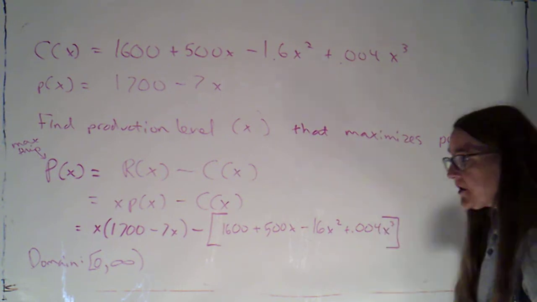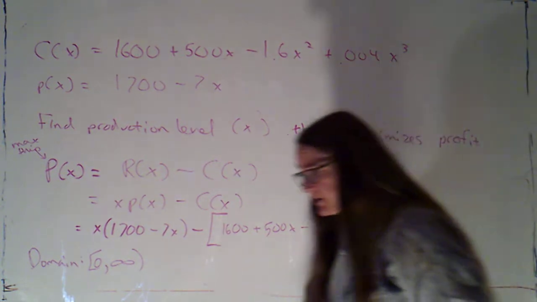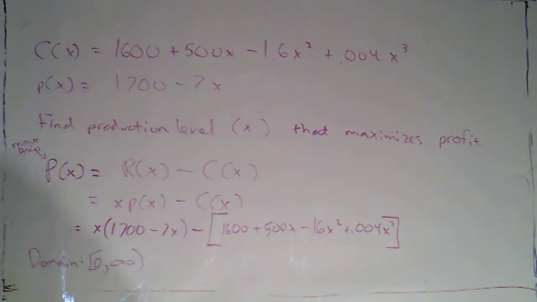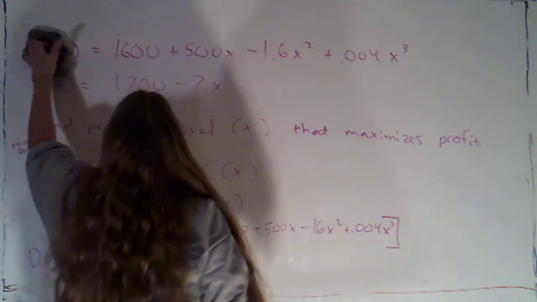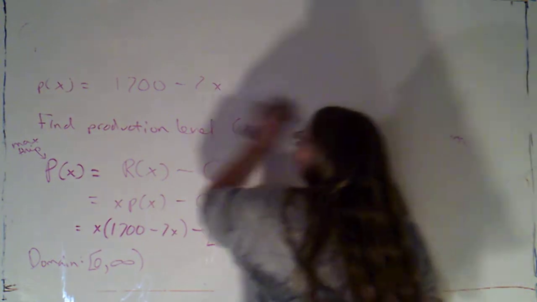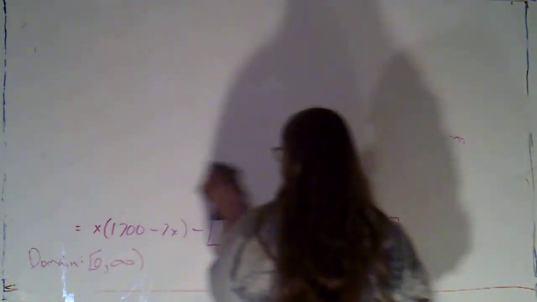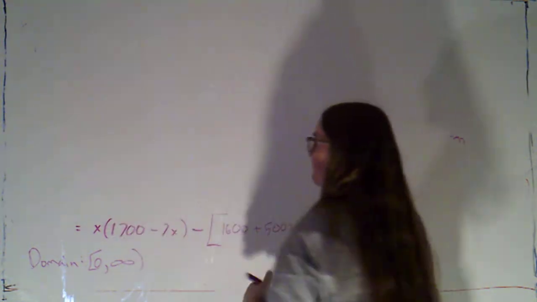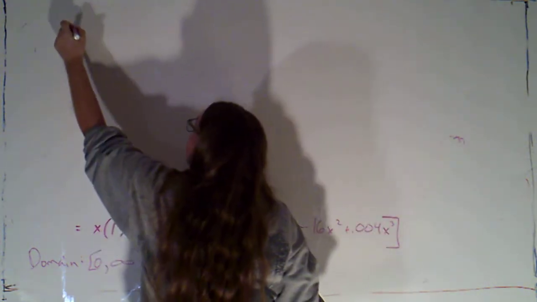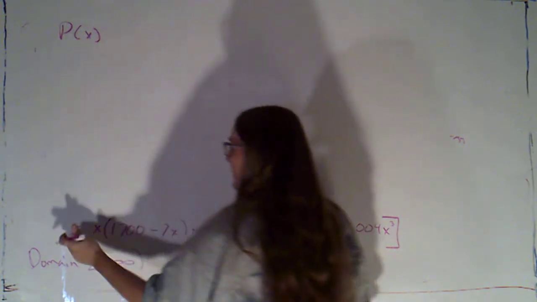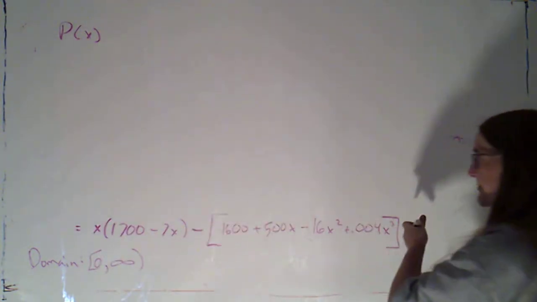Okay, so let's see. I think I want to multiply this out. I want to work that out and take the derivative. So I'm going to have p of x. I'm going to distribute the x, and then I'm going to distribute the negative.